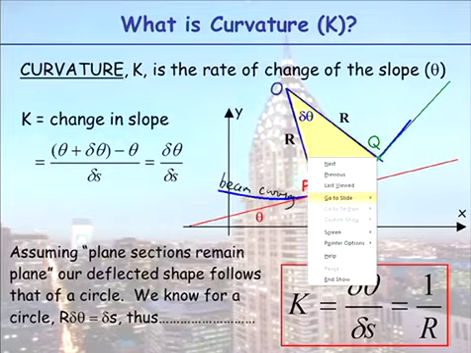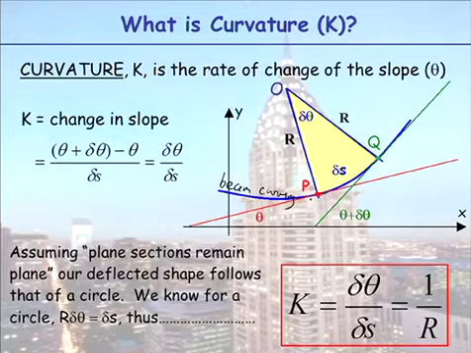So at Q, my slope is theta plus delta theta, and at P it is just theta. My change in slope is the change between the two angles divided by delta s, the distance between the two points. Therefore curvature is equal to delta theta over delta s, which in effect is d theta ds. This is just a bit of proof we have to do.